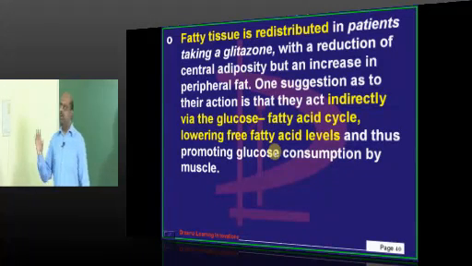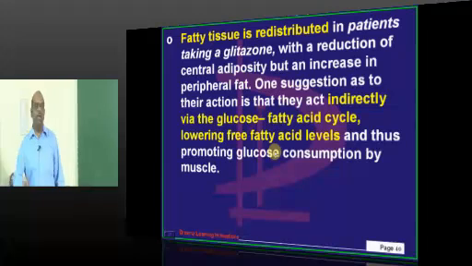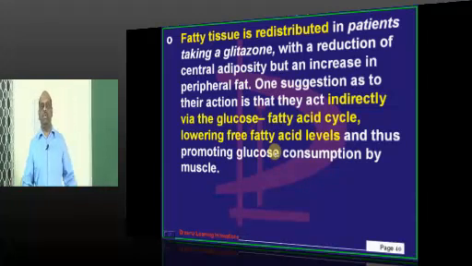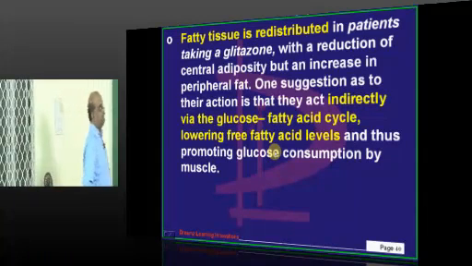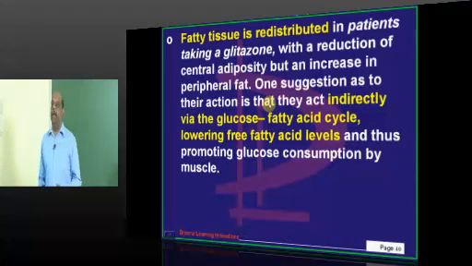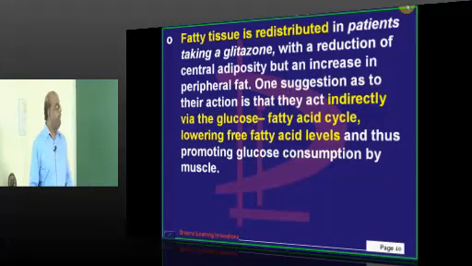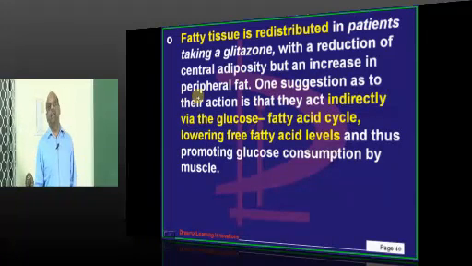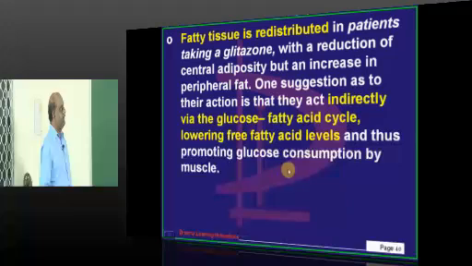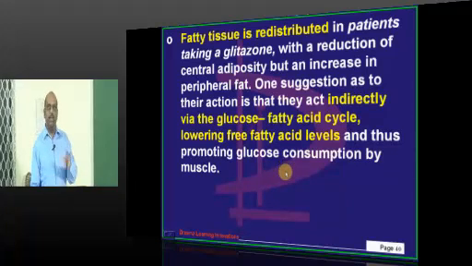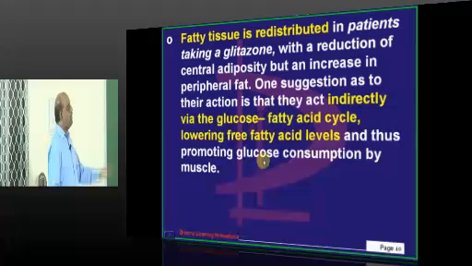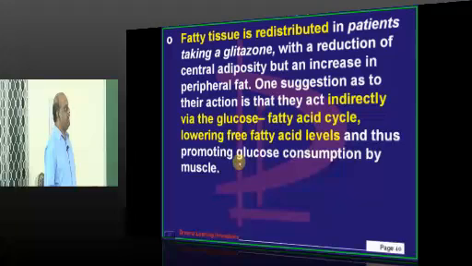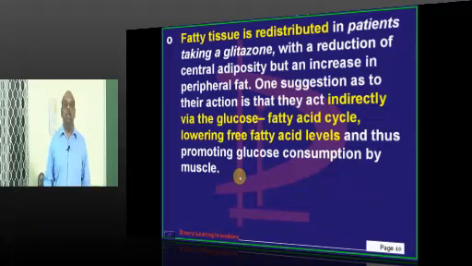Now, if you are using a glitazone, one main advantage is there is a redistribution of the fatty tissue, so that central adiposity will reduce but peripheral fat will increase, and they will indirectly act on the glucose fatty acid cycle. They will lower the free fatty acid levels, and by doing so they will increase the consumption of glucose by the muscle.